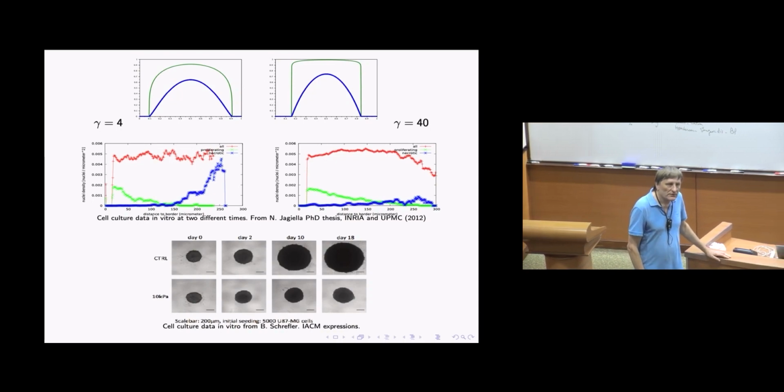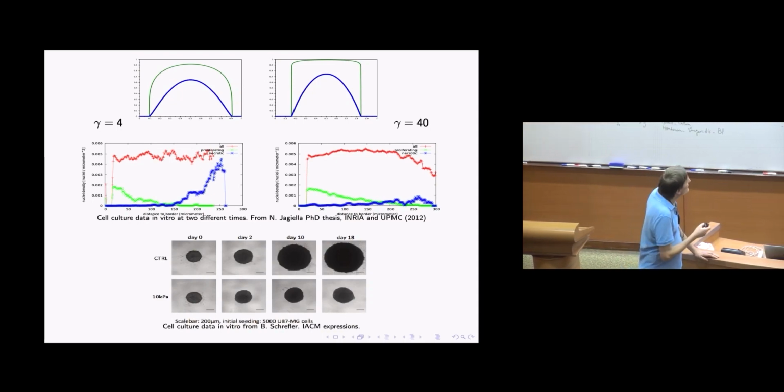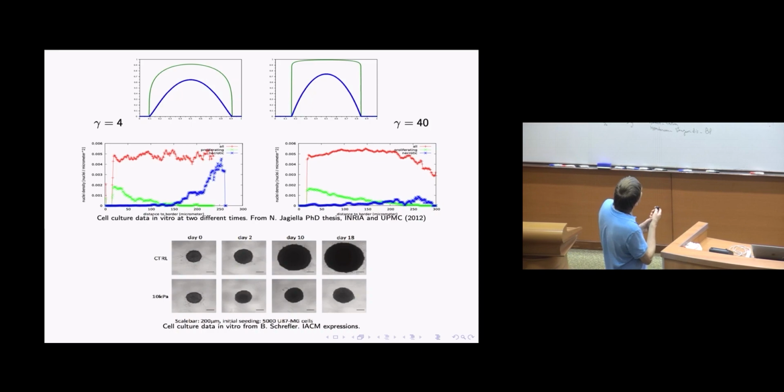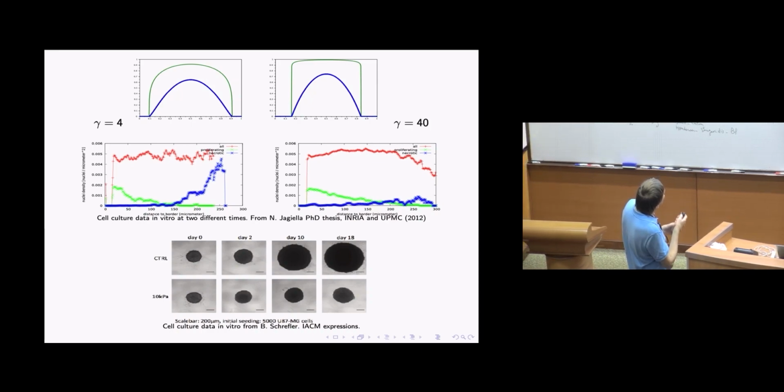This simplest model is not completely wrong, in the sense that if you look at the solutions, what you get here is the cell density in green and the pressure in blue, and you see fronts which are propagating and which correspond to what you observe in experiments. So this is a spheroid.